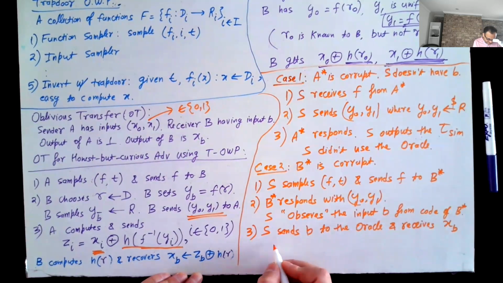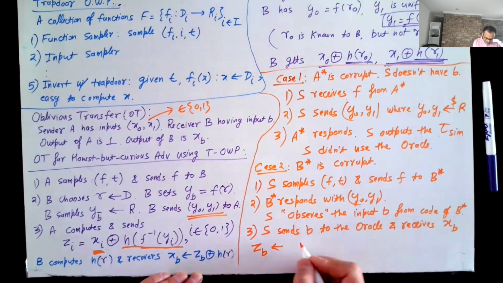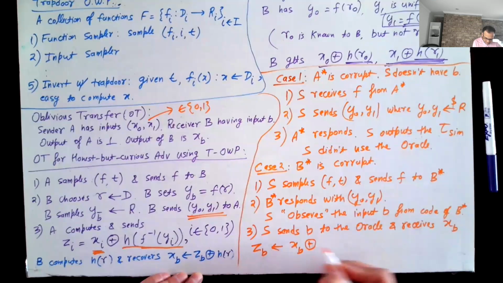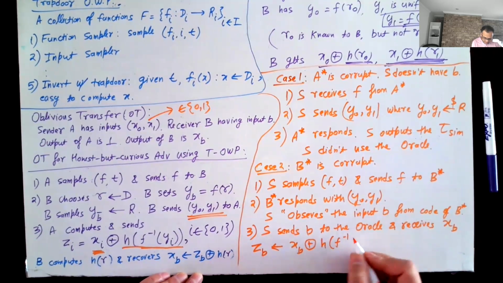The simulator sets ZB to be XB XOR H of F inverse of YB.